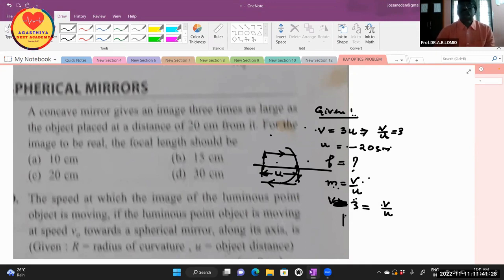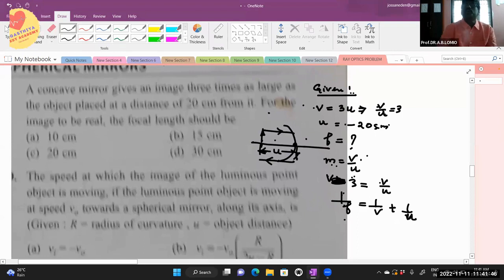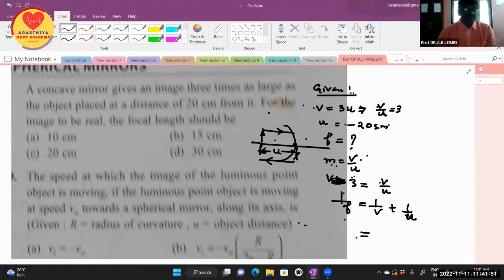Next, 1 by F is equal to 1 by V plus 1 by U. We have to find out the F value. Substitute the value of U and V. See, V is 3 times of U. U is 20, that is minus 20.